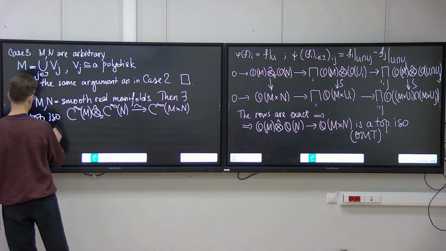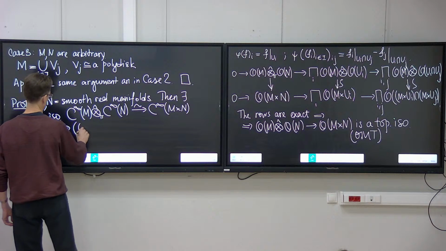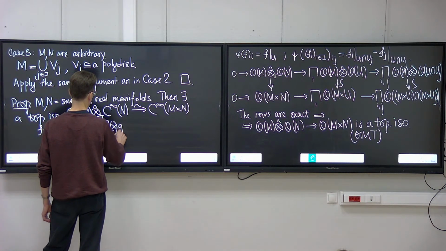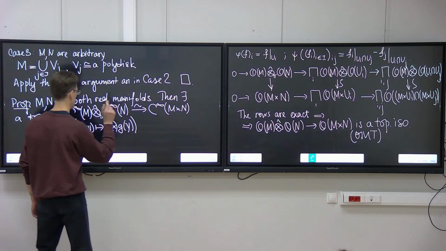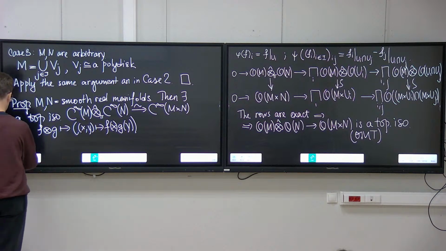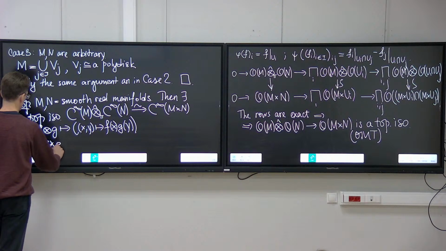So it takes every elementary tensor to the function which takes each pair x and y to the product of f of x and g of y. The proof is more or less the same, so this is an exercise for you.